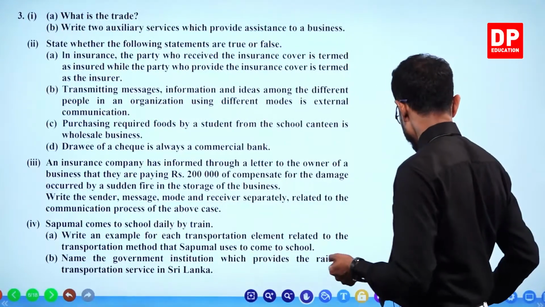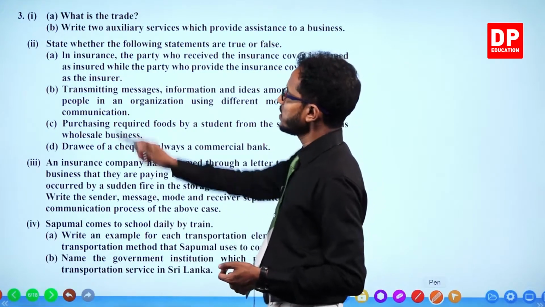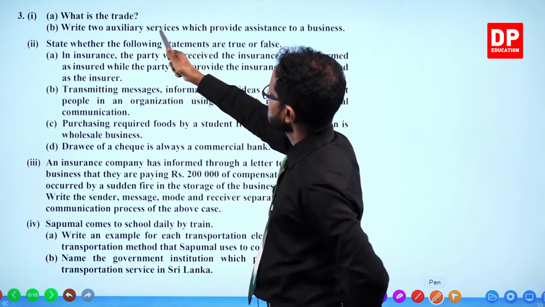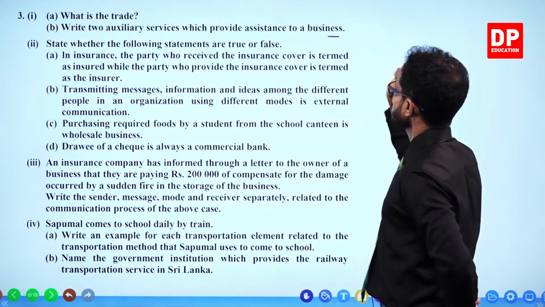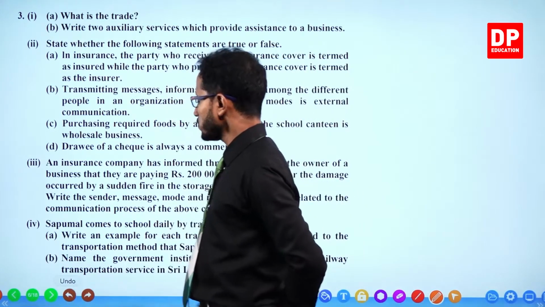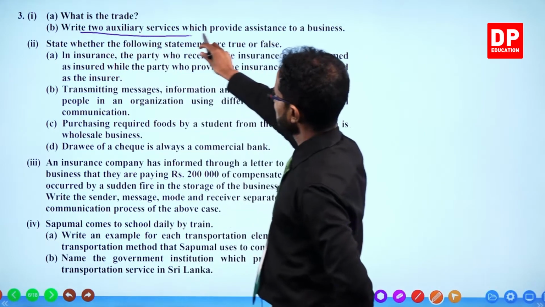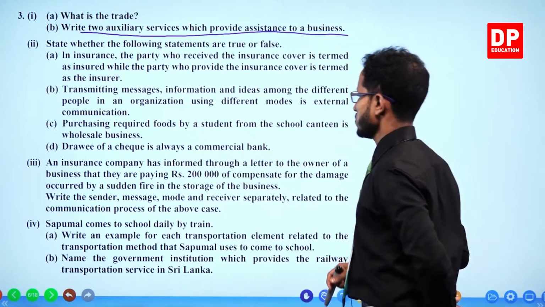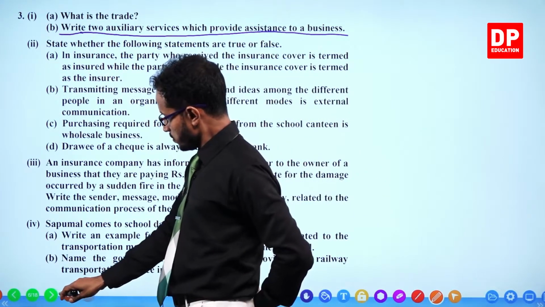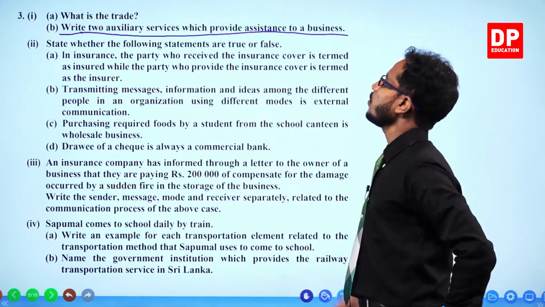Third question, we are moving on with the questions. What is trade? Write auxiliary services which provide assistance to businesses. Then second, state whether the following statements are true or false.